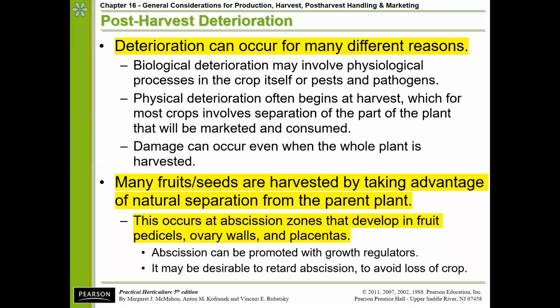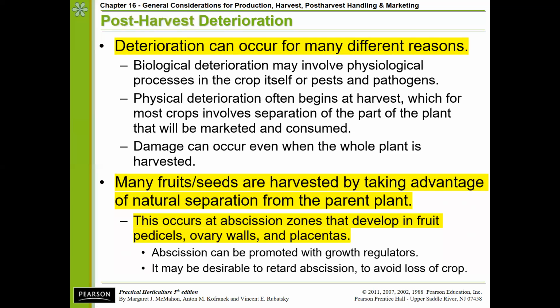So in many cases, we actually take advantage of just the natural separation, the abscission of the crop from the mature plant. And that occurs at these abscission zones where we really look at that hormone that we talked about earlier in class. Abscisic acid is basically utilized at that point on the plant.